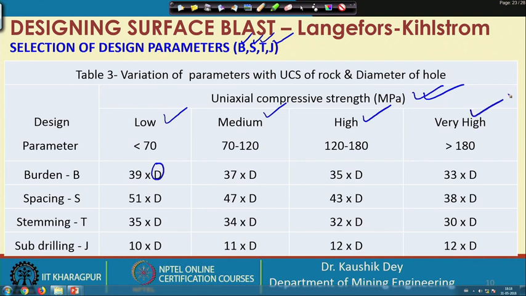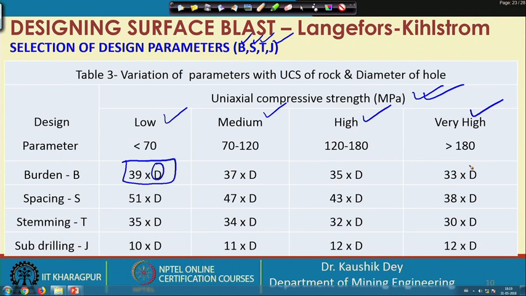And you can see for low strength rock burden comes around 39 D, and in medium the burden value is decreasing, high further decreasing, very high again decreasing.